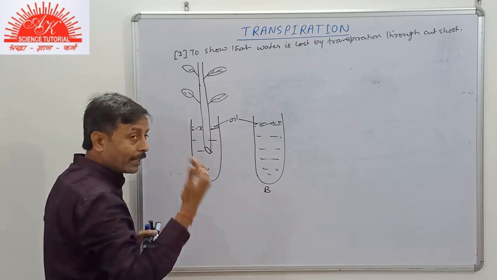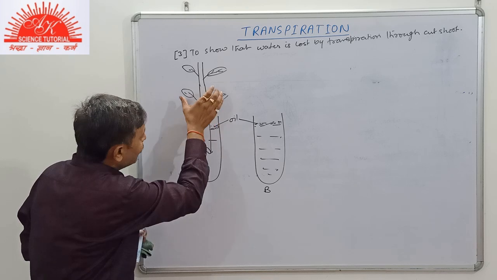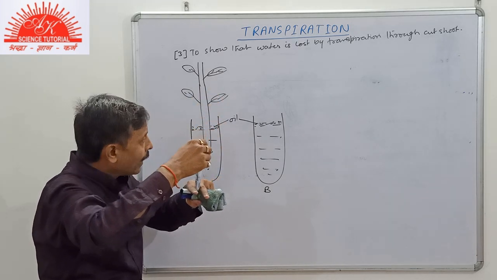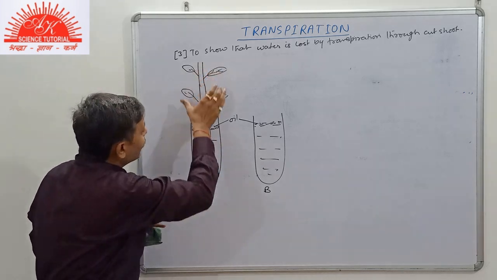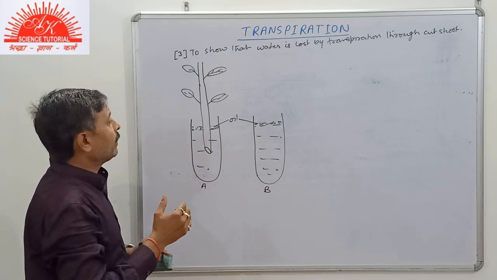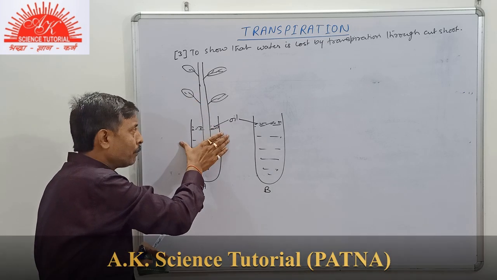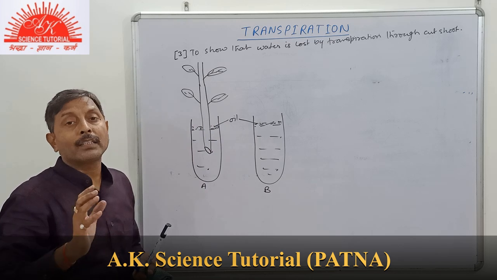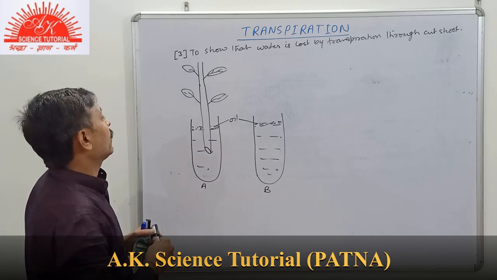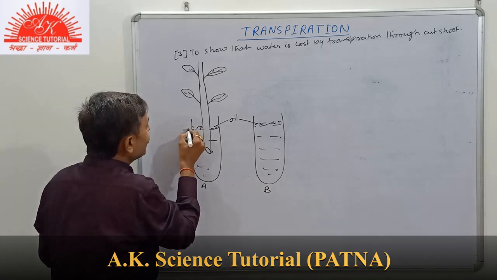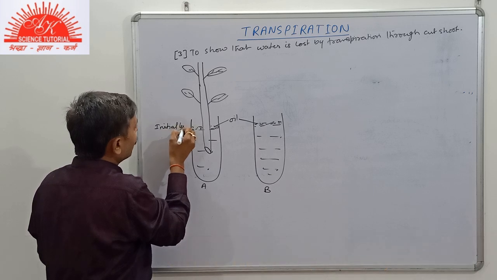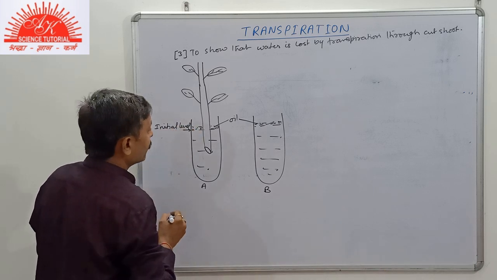This is setup B. Now in this experimental setup we can perform the experiment in two ways. One, by weighing method, that is this setup, the tube, by placing in beaker on a spring balance, we can take its initial weight, and at the end of the experiment we will again weigh the setup. We will observe that there is loss in weight. Second method, we can mark its initial level of water.